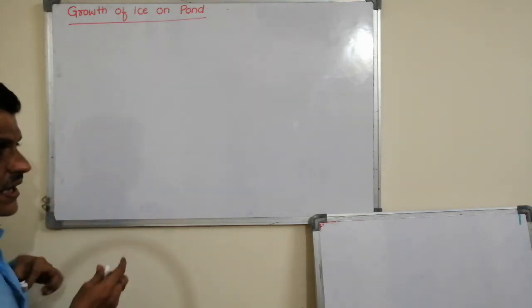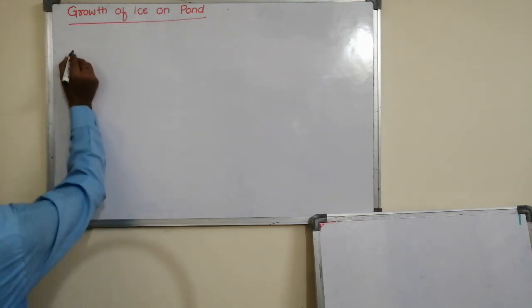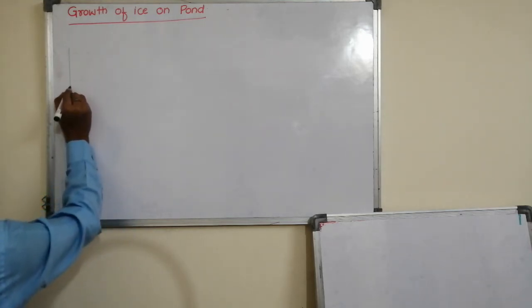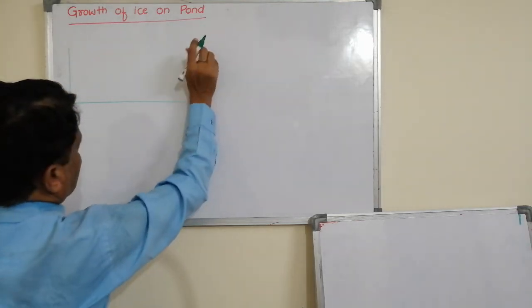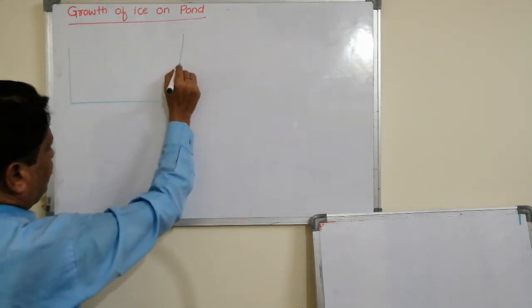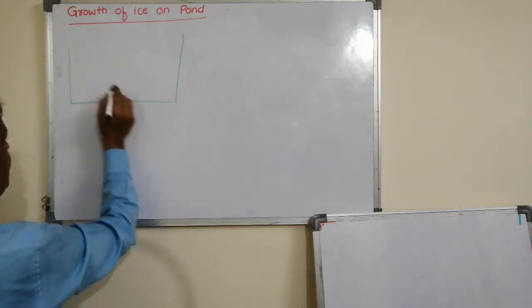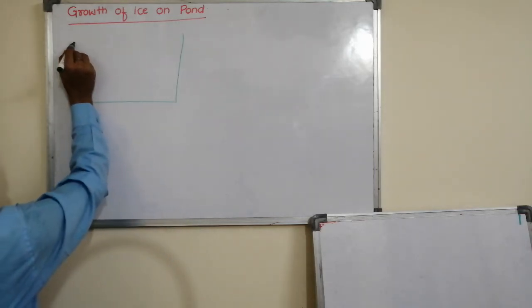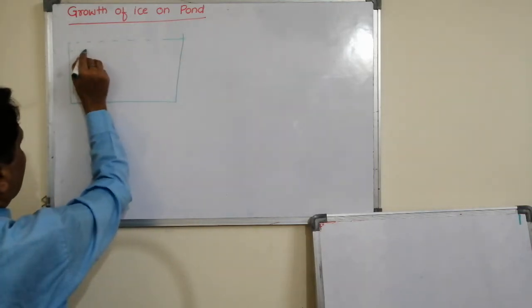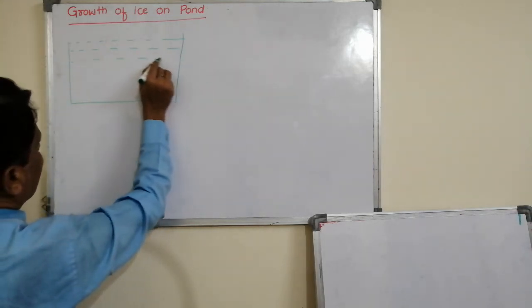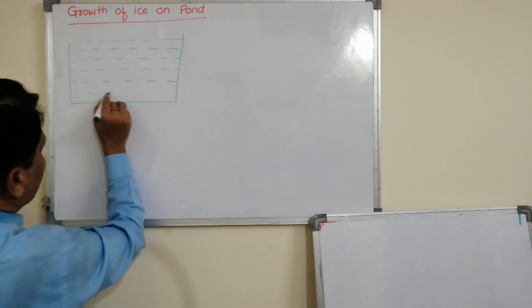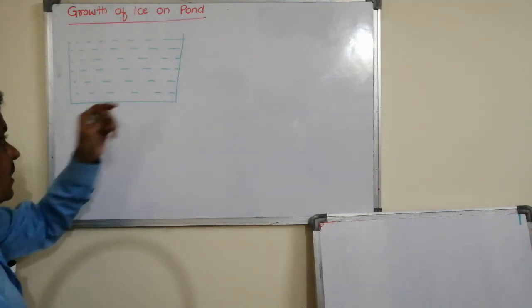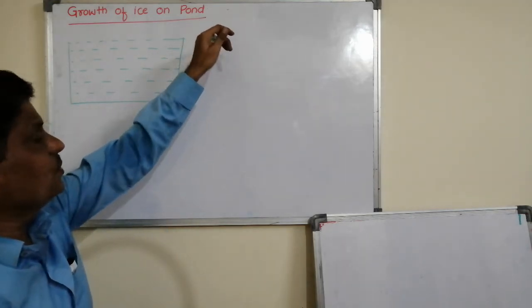Assume we have a pond. This is the pond here. Assume it has water. You know, formation of ice takes place when water at 0 degrees starts to lose heat.